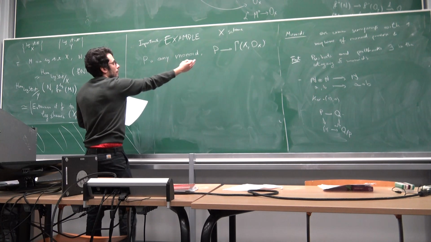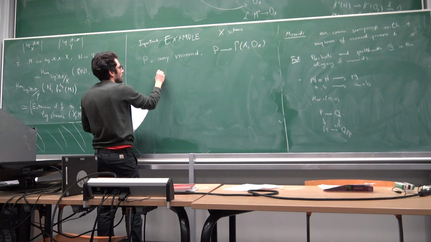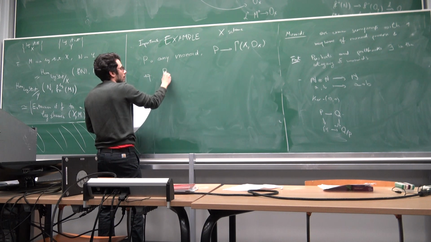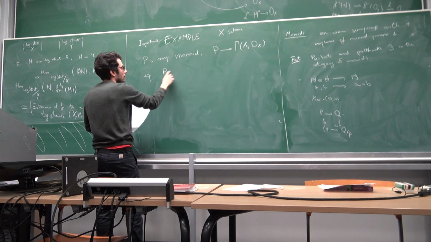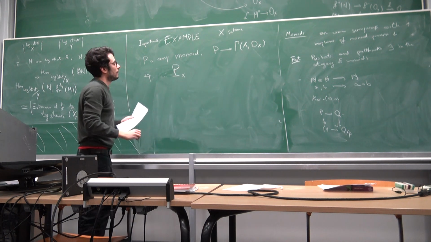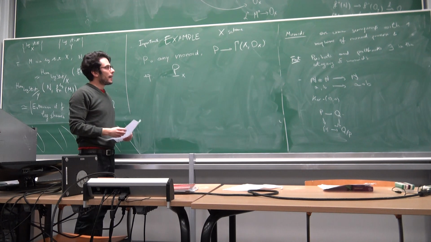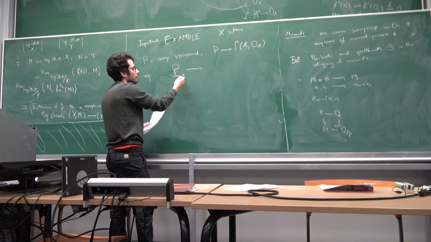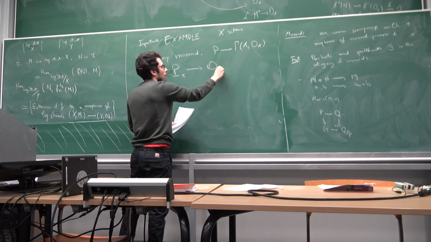Then to give such a homomorphism is equivalent to giving a morphism of sheaves of monoids. So I will denote with P underline X the constant sheaf of monoids on X. And to give such a morphism is the same as giving a morphism of sheaves of monoids from P underline X onto OX.